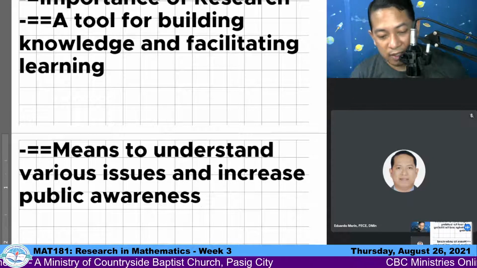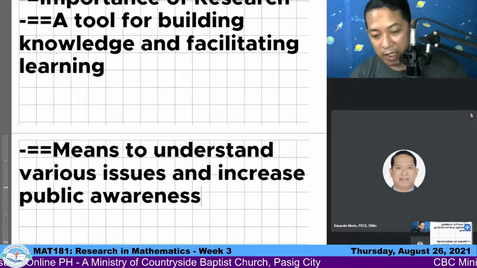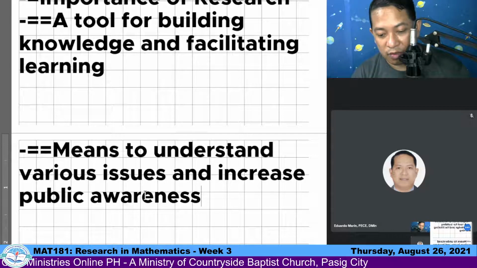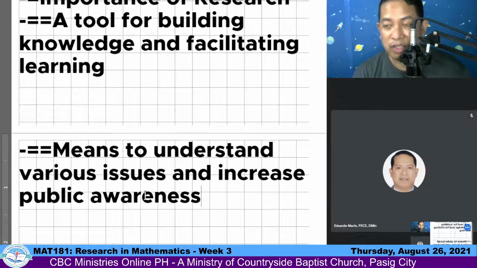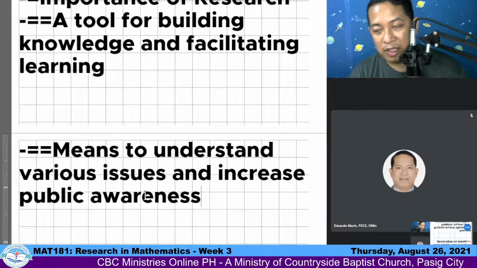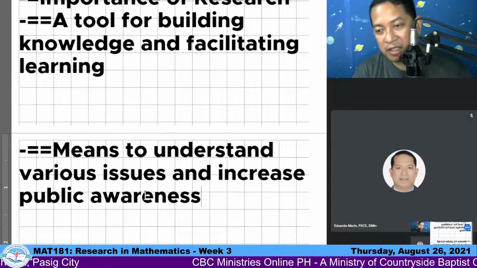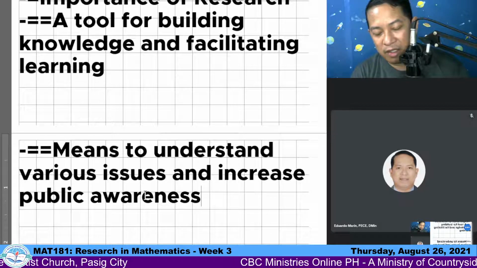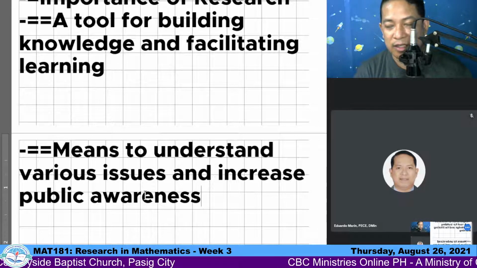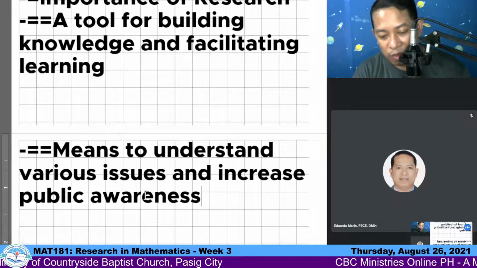So ginagamit din ang research, as far as its importance, to understand various issues. Research what could be the best medicine for such a disease, or perhaps for COVID. There are studies, though we may not have a conclusion yet.